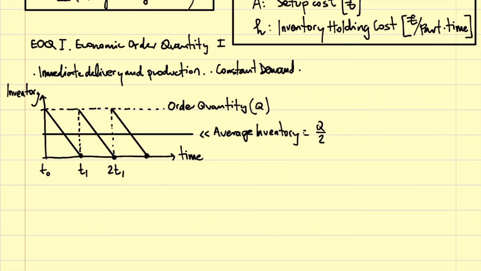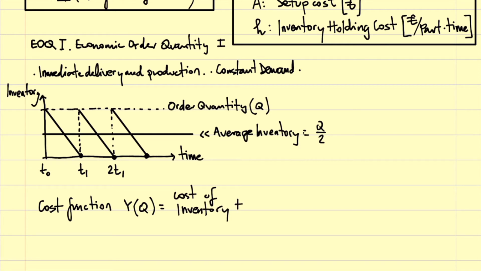So it turns out that the cost function can be described as a function of the order quantity, and it has the following aspects: cost of inventory plus setup cost plus production cost.